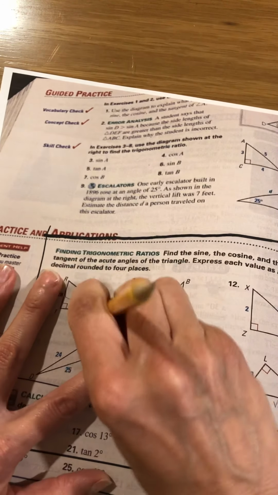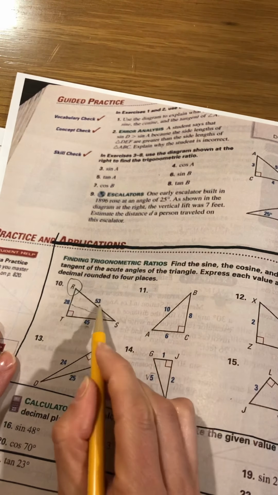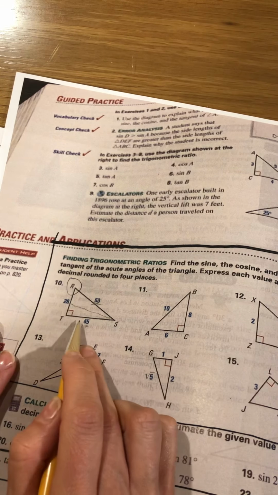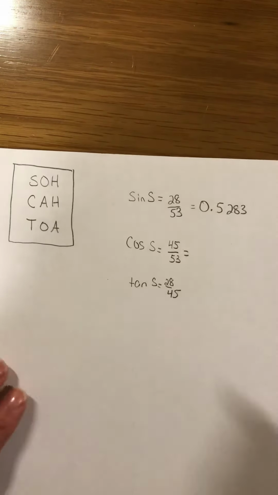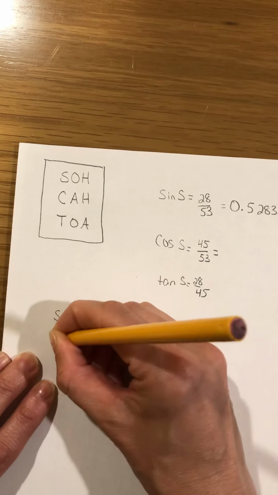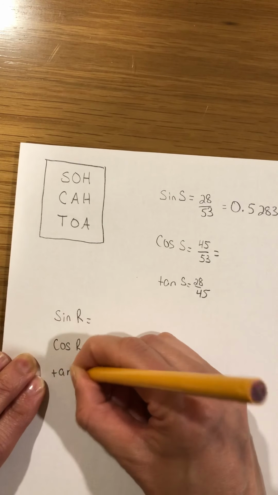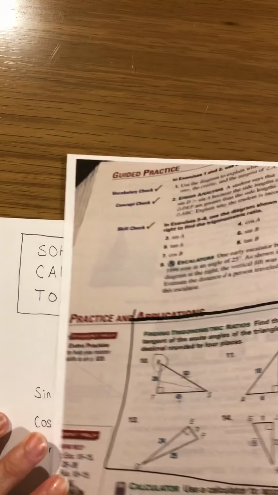Now if we're looking at R, the hypotenuse is still going to be 53, but now the opposite and adjacent sides switch. So let's start with sine of R, cosine R, tangent R. Sine is opposite over hypotenuse.